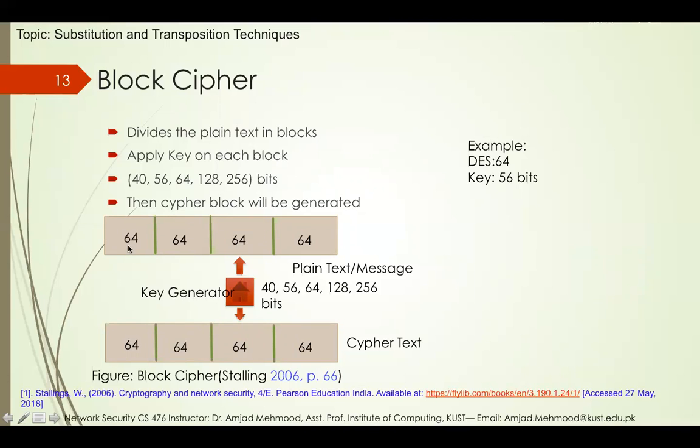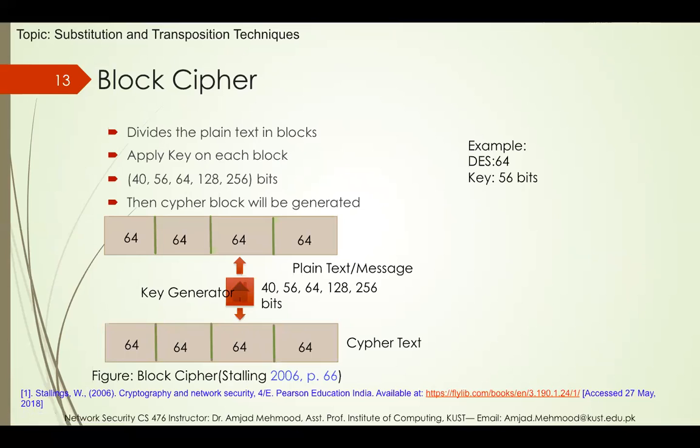So what the sender does is create blocks of equal size from its message, like, for example, you can see here 64, 64. These are the blocks, 64 bits each. The sender divides the message, and then from the key generator you can select any key out of these keys, like 40, 56, 64, 128, whatever you want to select.